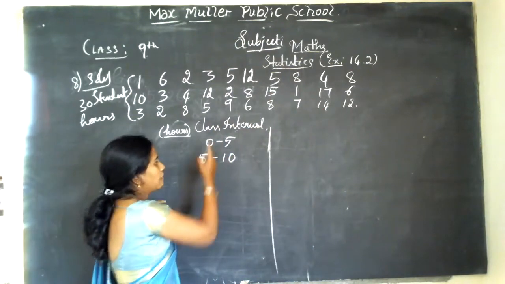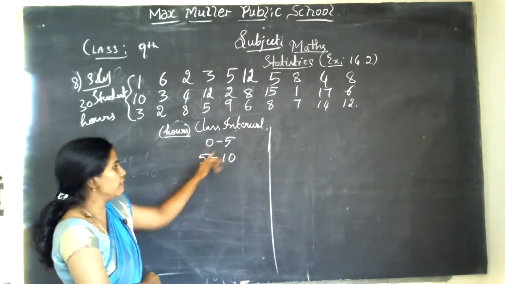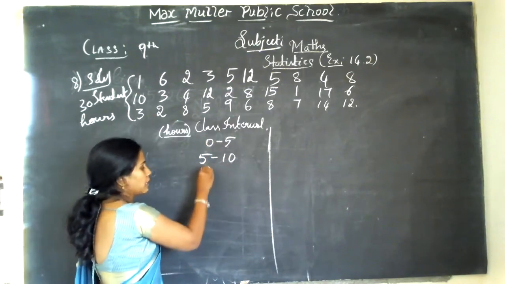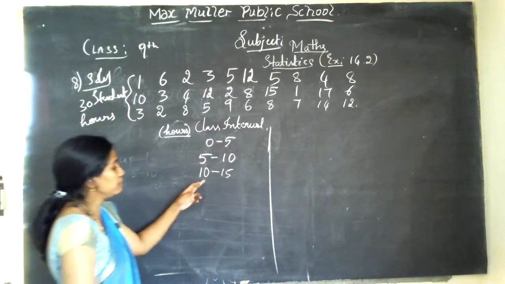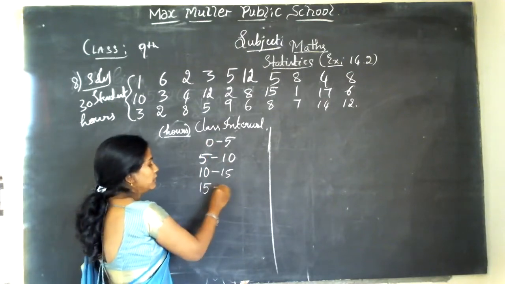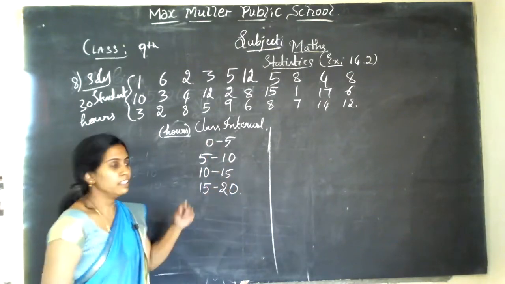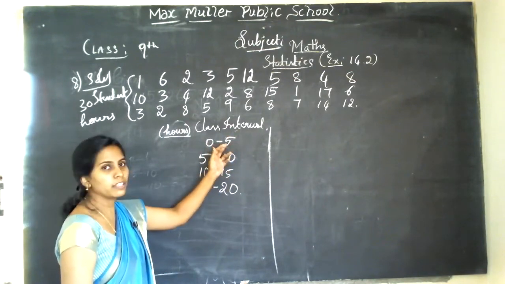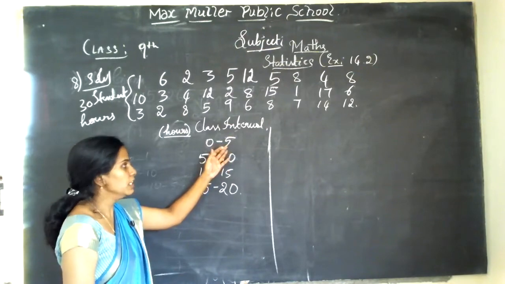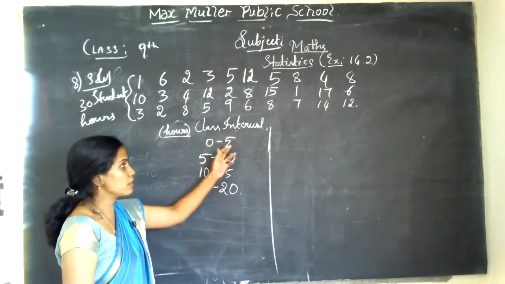Let me write. I've written the first interval as 0 to 5, 5 to 10, similarly 10 to 15, 15 to 20, isn't it? As I told you, the last digit is not included.